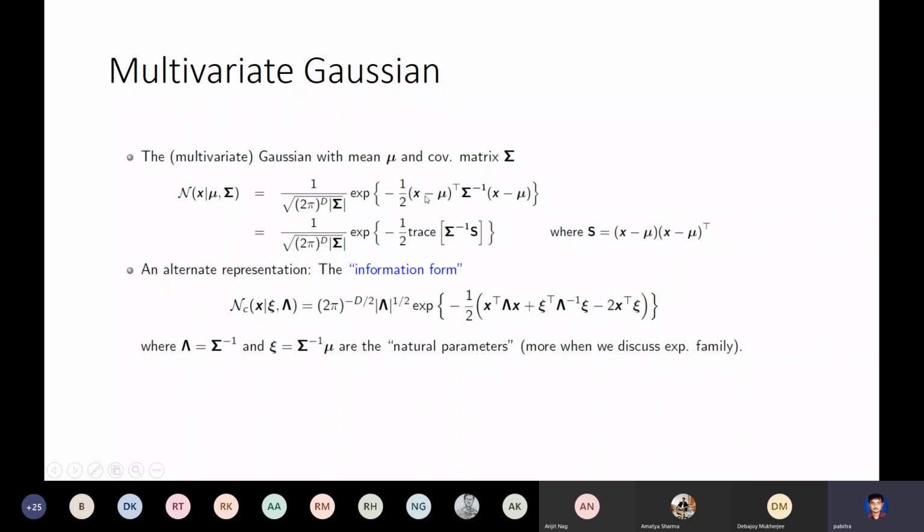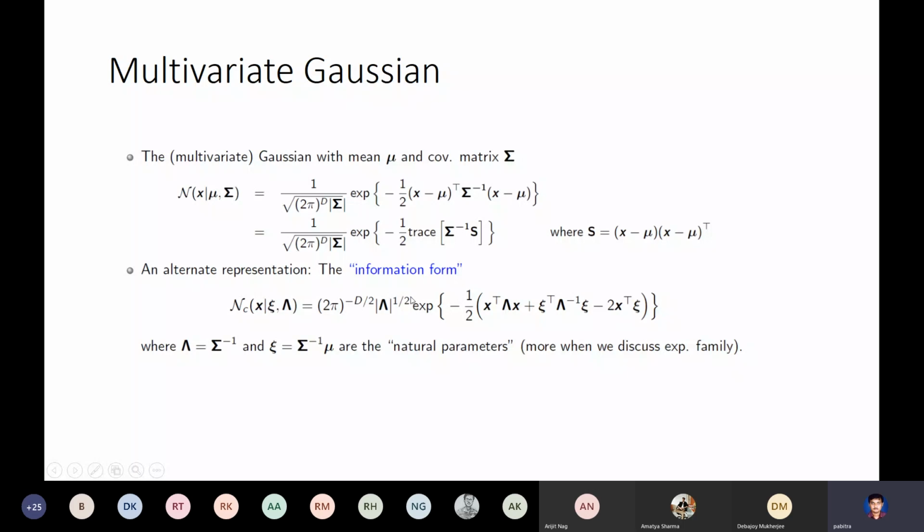Note here, x is a vector because you have multivariate. Mu is also a vector, and sigma is a covariance matrix. All right. So you can actually do all this matrix algebra and have all these definitions.